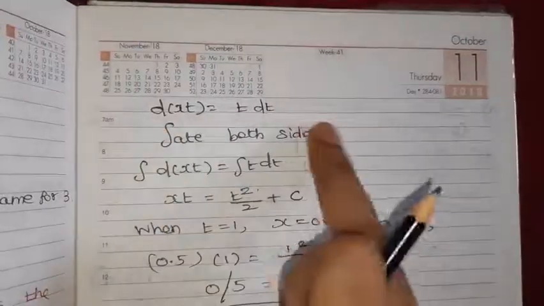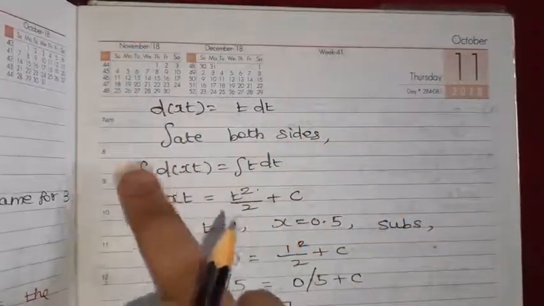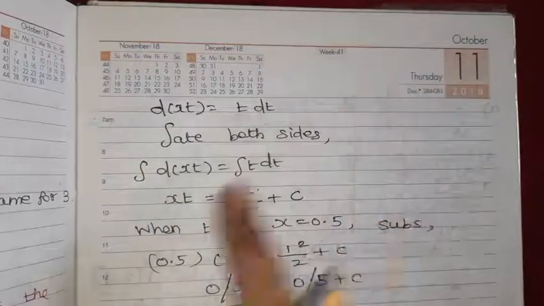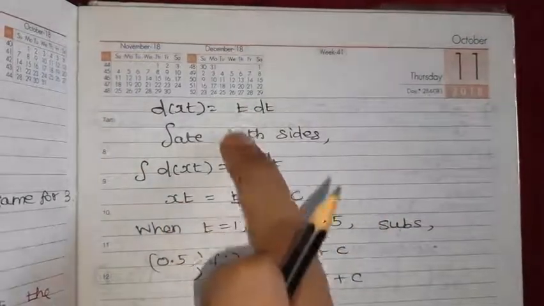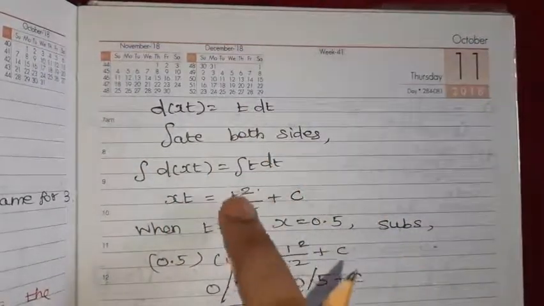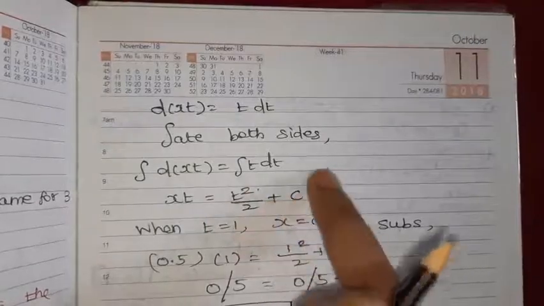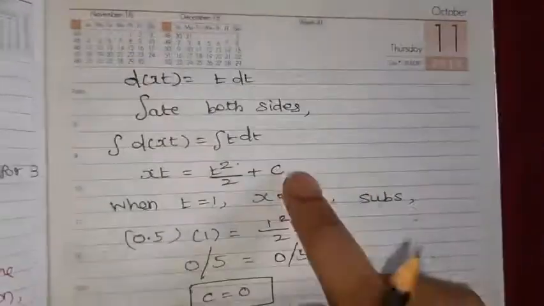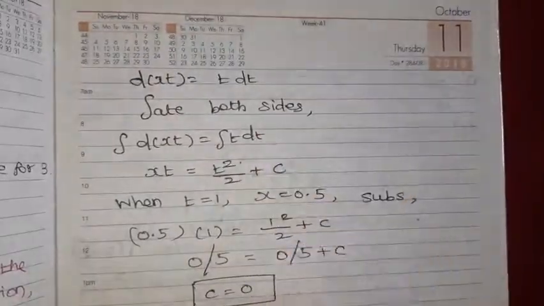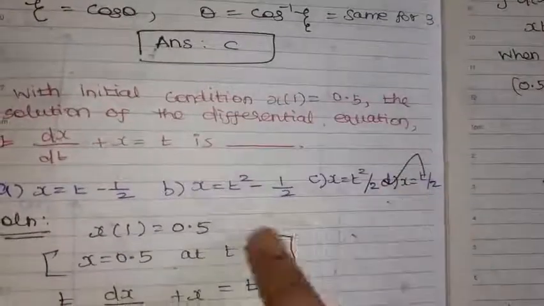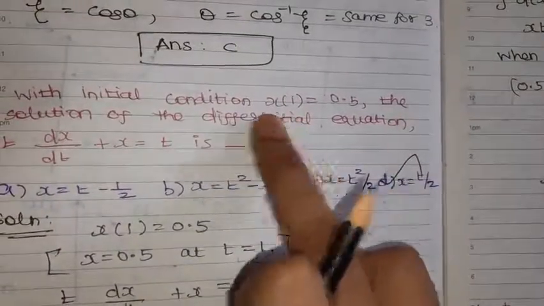Now we are going to integrate on both sides. Integration and differentiation get cancelled, so xt is equal to, integrating this, t squared by 2 plus some constant. This constant value we find from the initial condition given in the problem. At t equal to 1, x is 0.5.